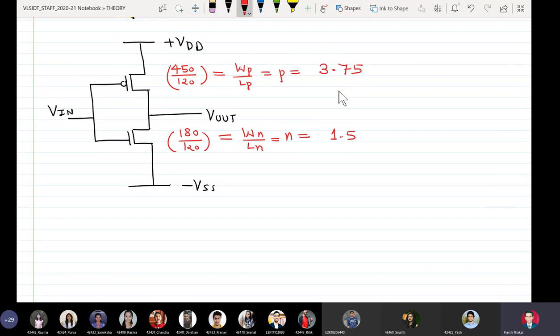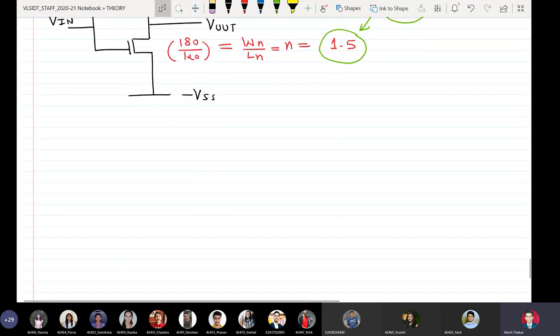And the relative size is now equal to 2.5.